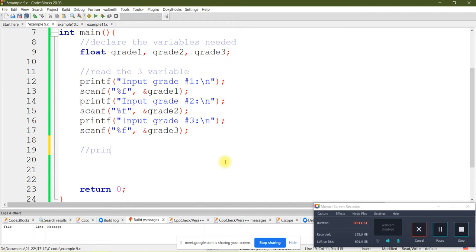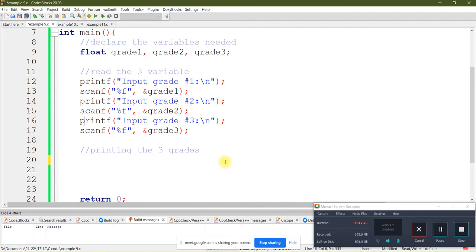So, basically, by this part here, we will now print the 3 grades. So, we will print our three inputs. That is to make sure that what we inputted is correct, and that it is properly stored in our variable. Because at night we thought it was inputted, and then when we use it later, the answer is wrong. This is because what we inputted was not properly stored in the variable.